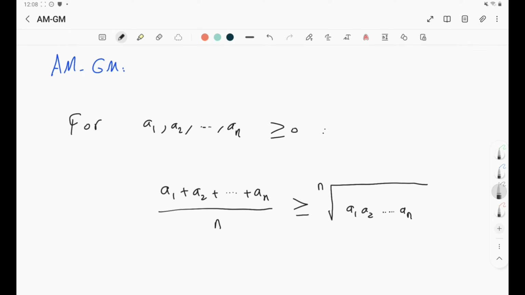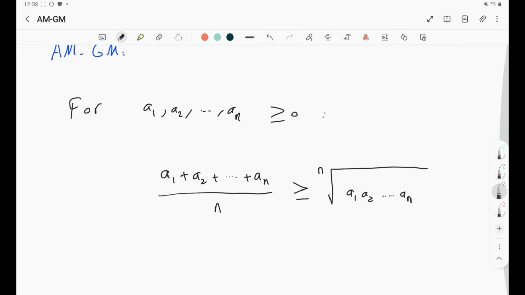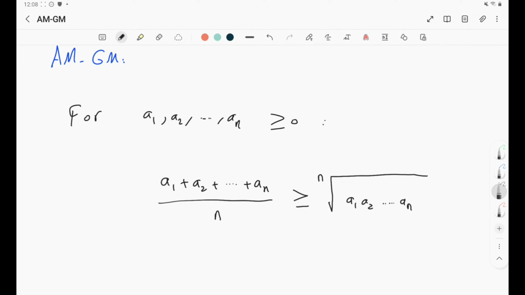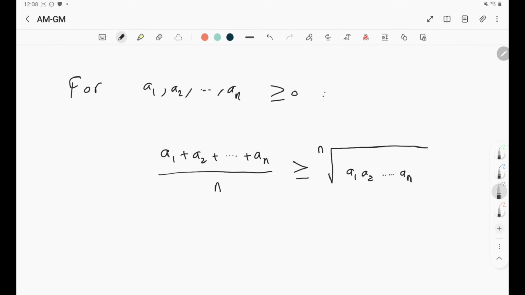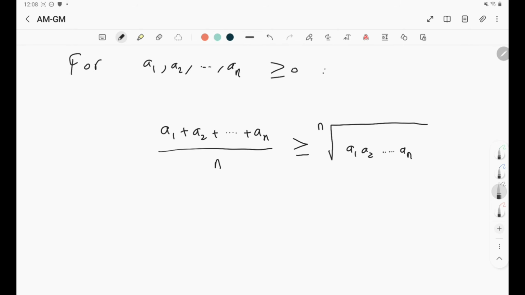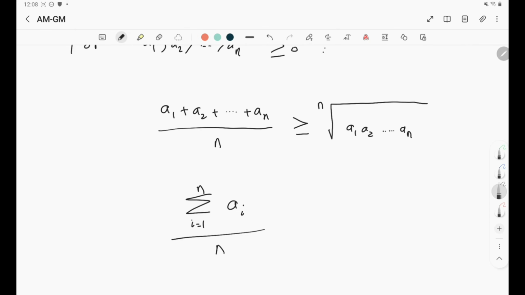That's it. Actually, as we mentioned, we'll be dealing with sigma in order to save time. We don't really want to spend lots of time writing all of them, so let's write it in a simpler way using the sum notation. For example, the LHS is actually the sum of ai going from 1 till n, over n, of course.